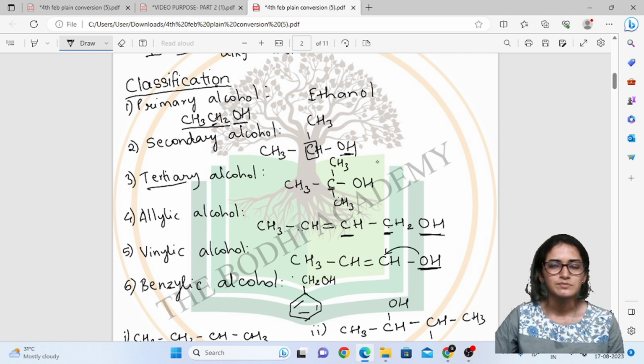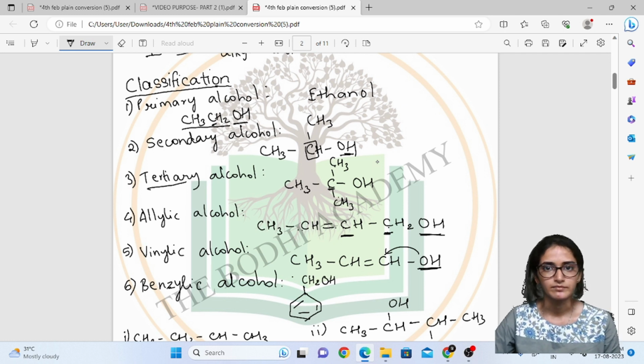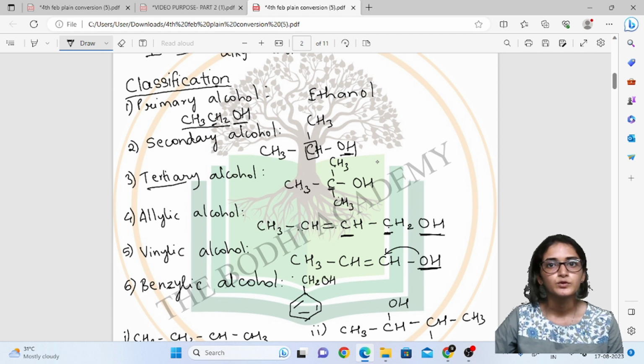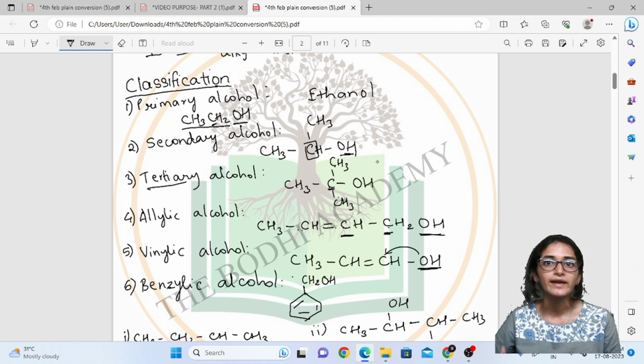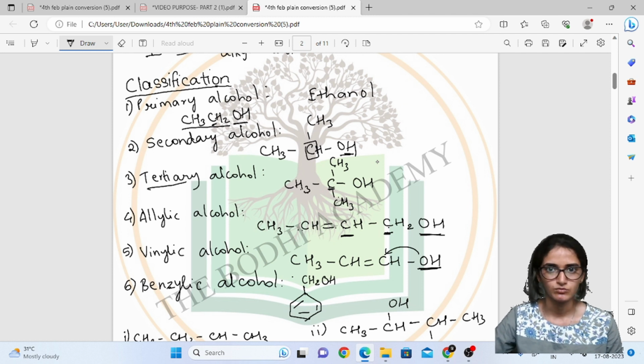Now common names are also important, but not for all the compounds. For some compounds you should remember the common names, because whenever they give conversions and reactions in the exam, they put the common names, and you must be able to identify which compound it is. But IUPAC is more important.